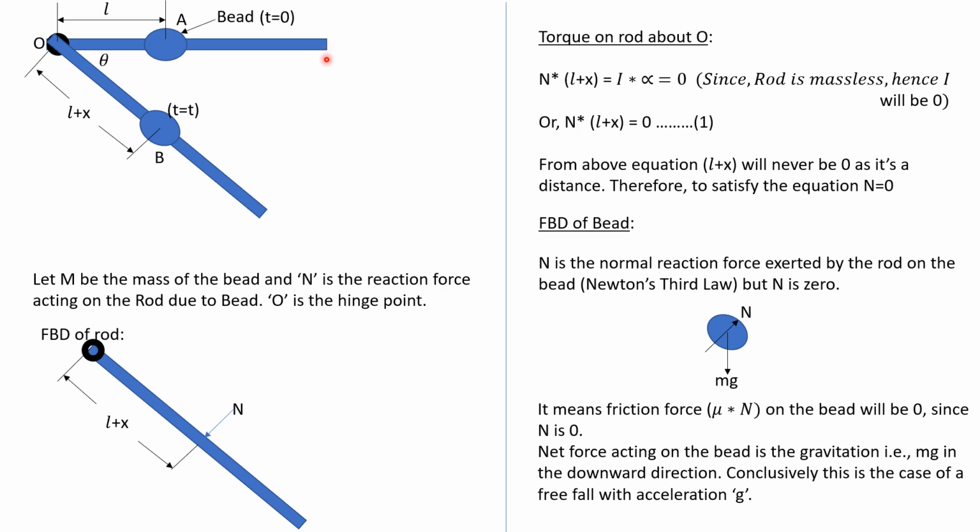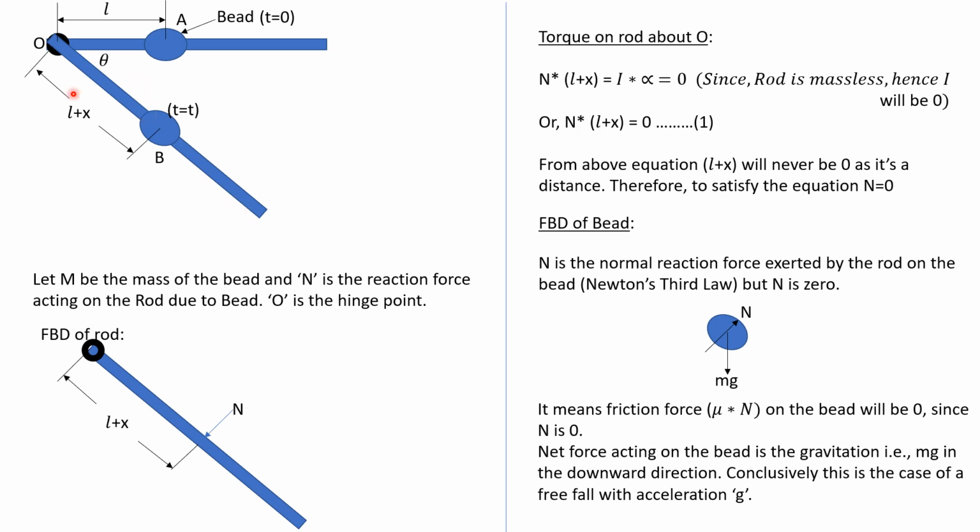It is released and starts falling, but since it is pivoted at point O, the rod will rotate about O. After t time it has come to this position, at angle theta.